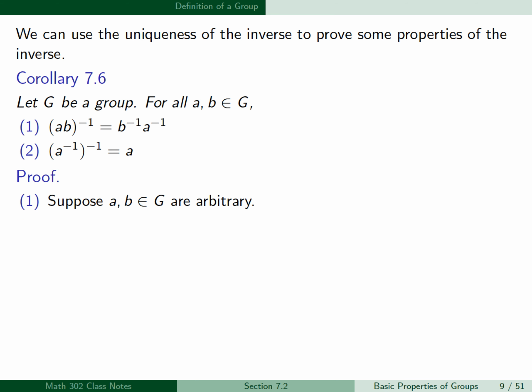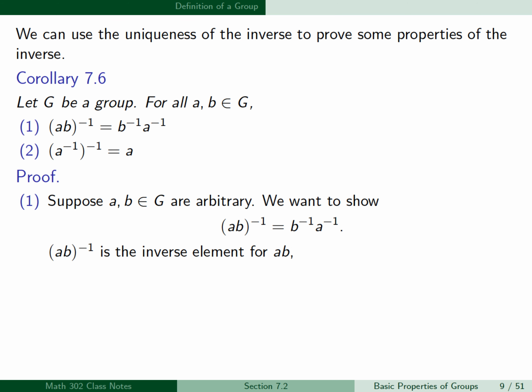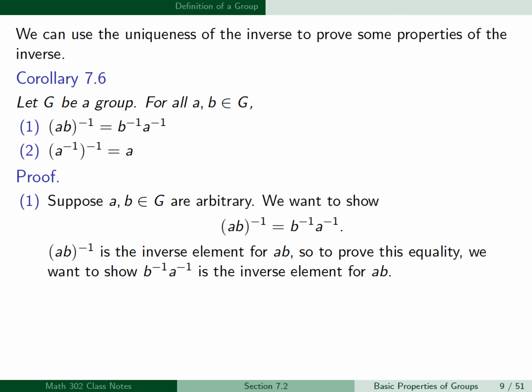So for 1, we'll suppose that A and B in G are arbitrary. And we want to show that AB inverse is equal to B inverse A inverse. Now, AB inverse is by definition the inverse element for AB. So to prove this equality, we want to show that B inverse times A inverse is the inverse element for AB.